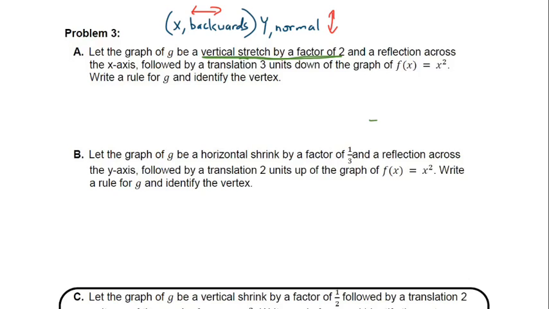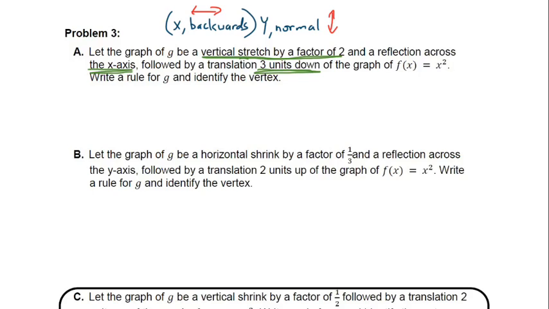A reflection across the x-axis, well, that's also outside. Remember, to go across the x, you got to go up and down. Followed by a translation 3 units down. So that's also a vertical thing. And that's everything. So everything for this one is outside.